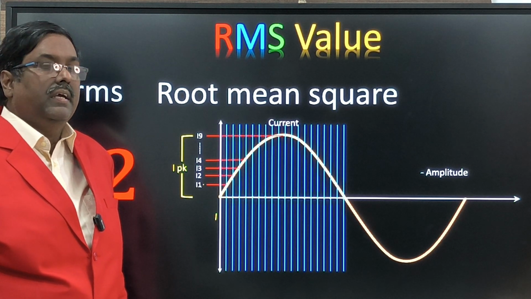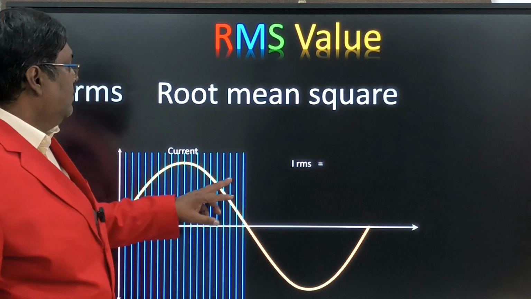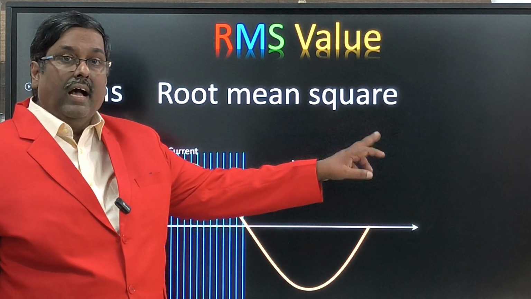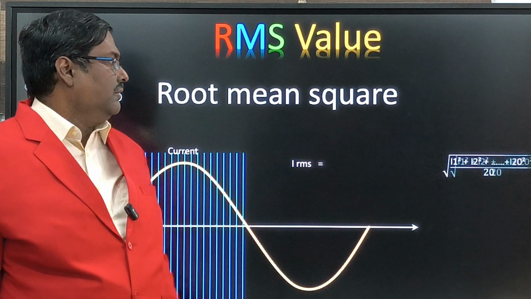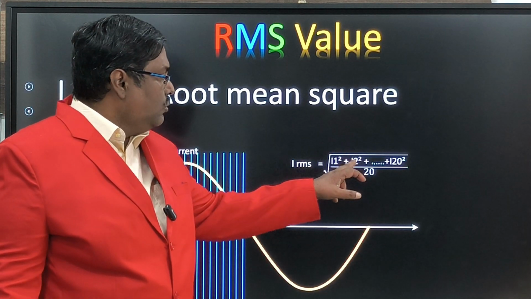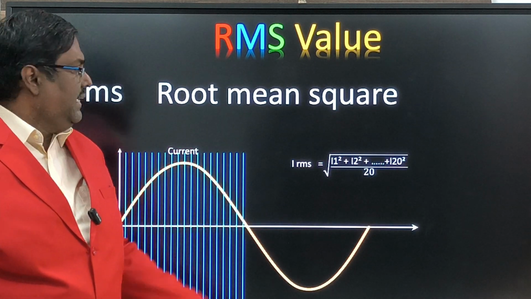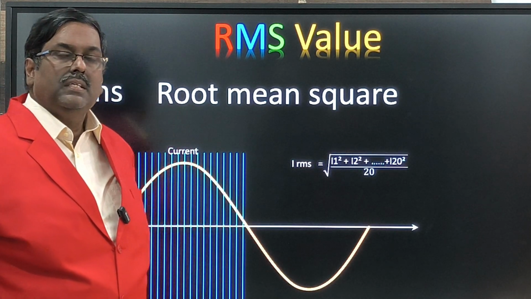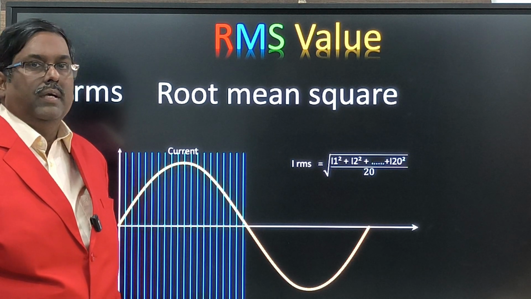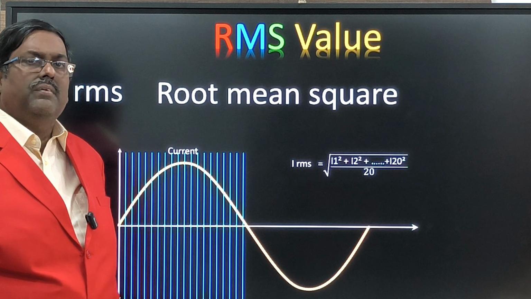But instead of that, here we have to add I square. We have to add I1 square, I2 square, I3 square, up to I20 square. In the average, we added only I1, I2, I3, I4. Here it is I1 square plus I2 square, everything squared.